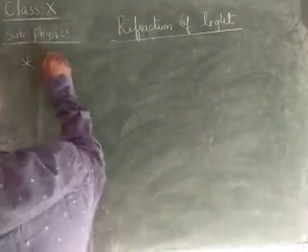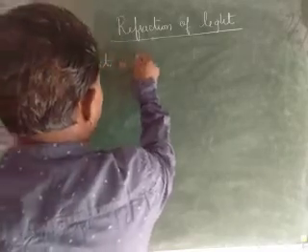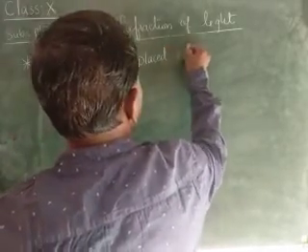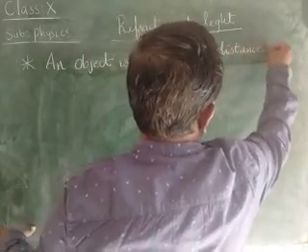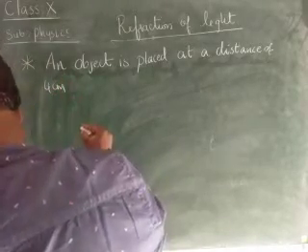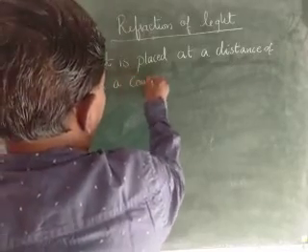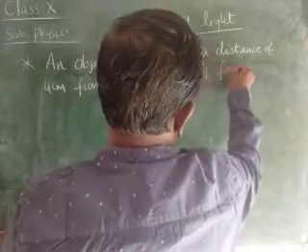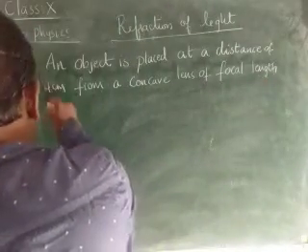An object is placed at a distance of 4 centimeter from a concave lens of focal length 12 centimeter.